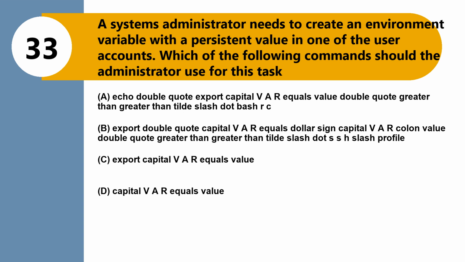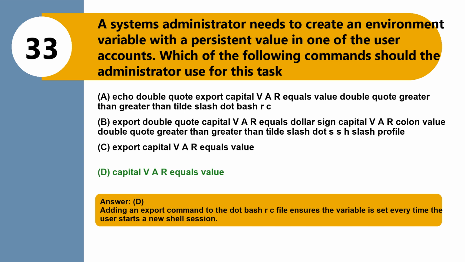Option C, export VAR=value. Option D, VAR=value. The correct answer is option D, VAR=value. Adding an export command to the .bashrc file ensures the variable is set every time the user starts a new shell session.